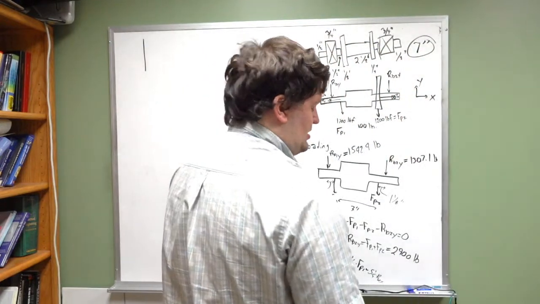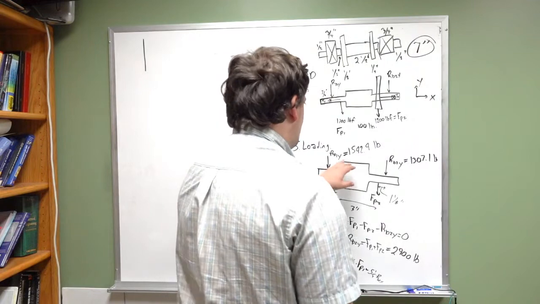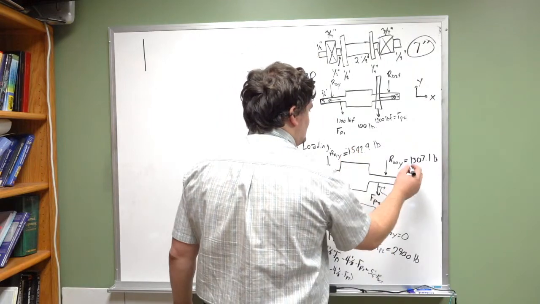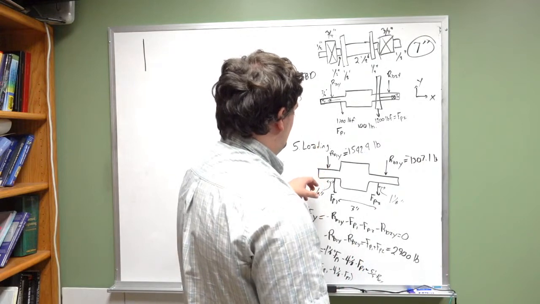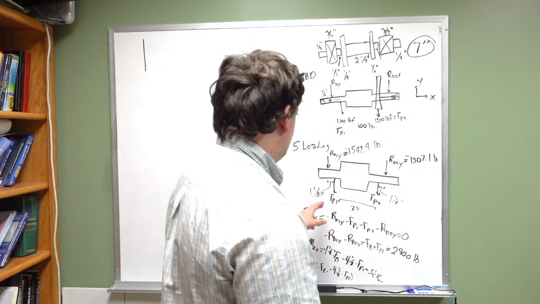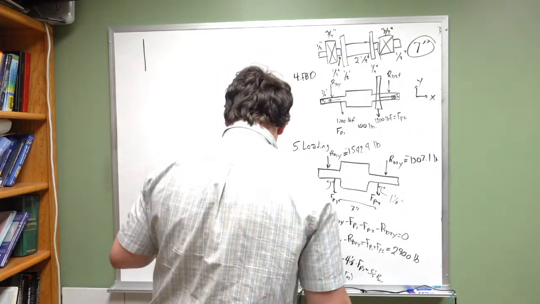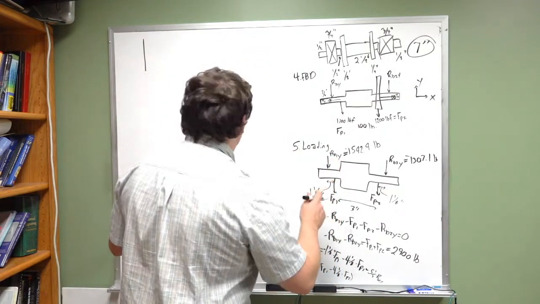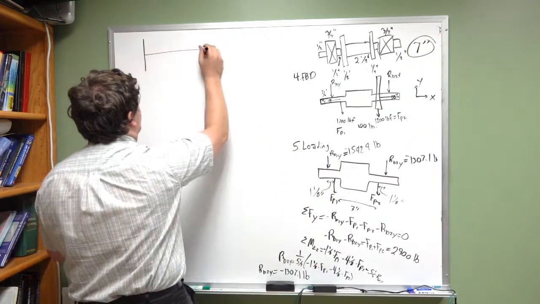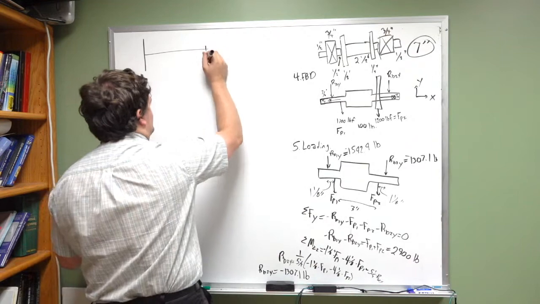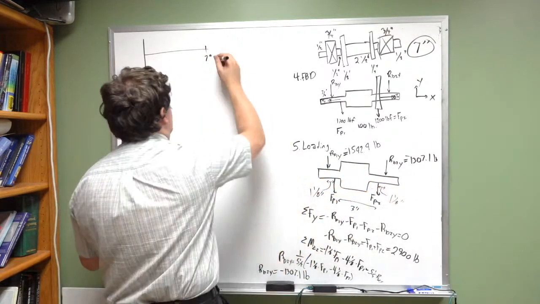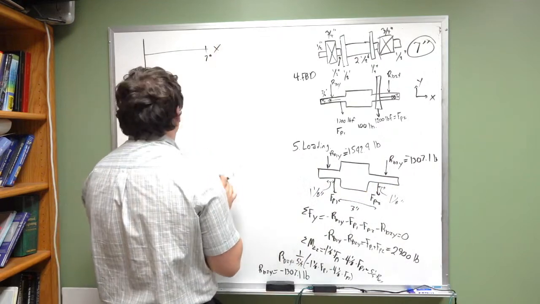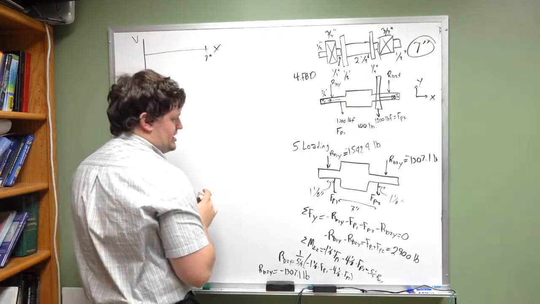When we apply these negative forces here, we have a negative 1,500 pounds, and this is going to be positive shear force. So we go to where this is now 7 inches along the shaft, which is the edge of the shaft. This is in the X direction. This is the shear diagram.